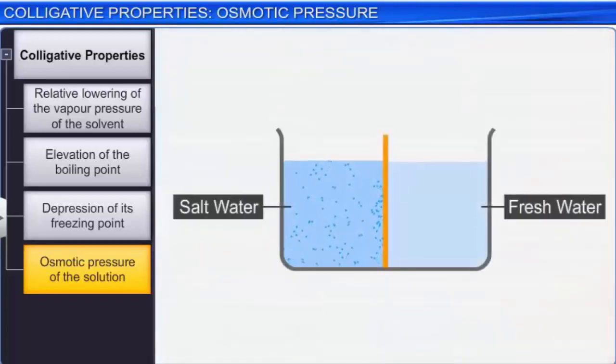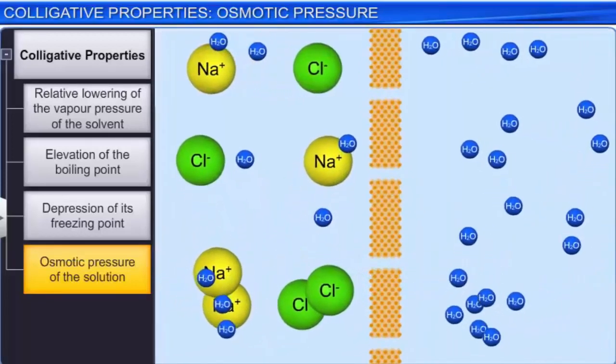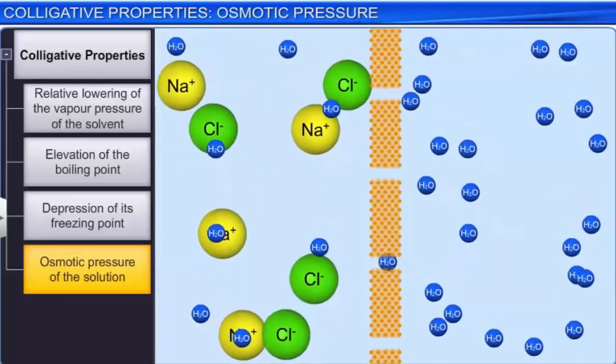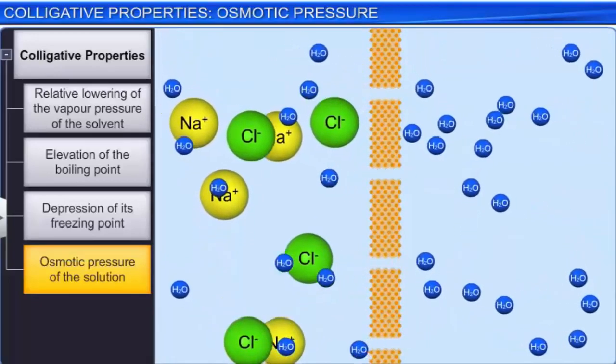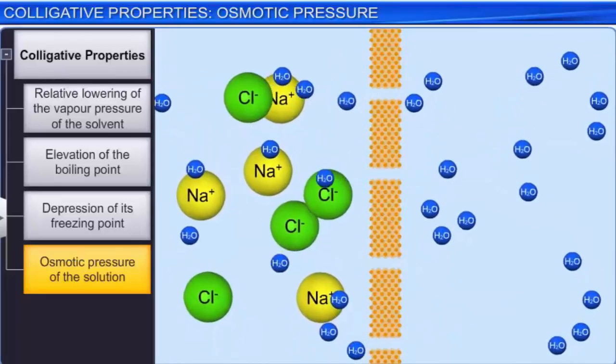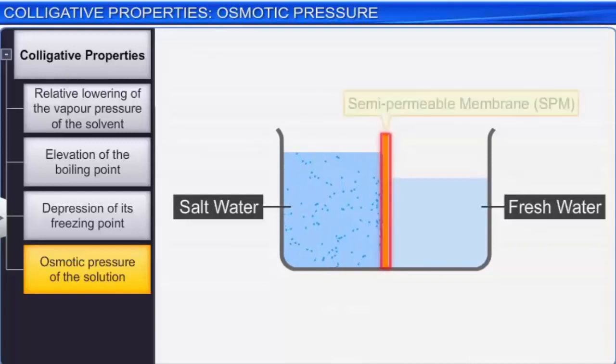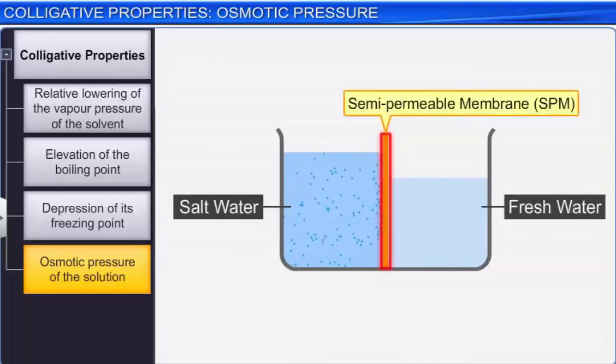Small solvent molecules like water can pass through the holes of these membranes, but bigger molecules like the solute are unable to pass through them. Such membranes, which are selectively permeable to only certain molecules, are known as semi-permeable membranes or SPM.